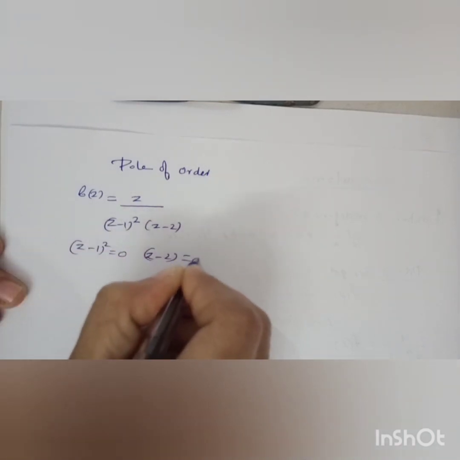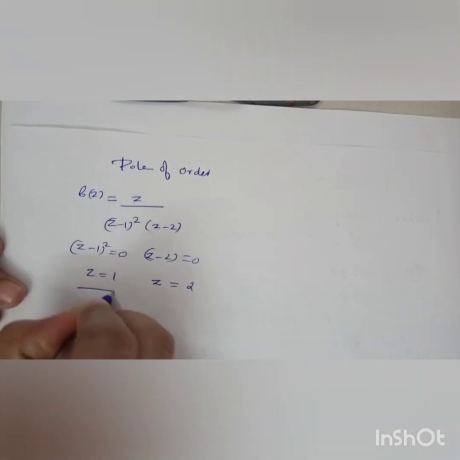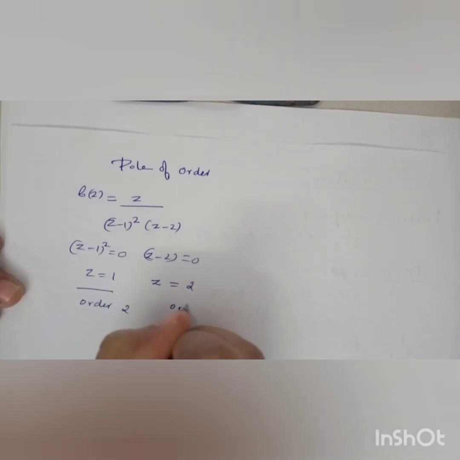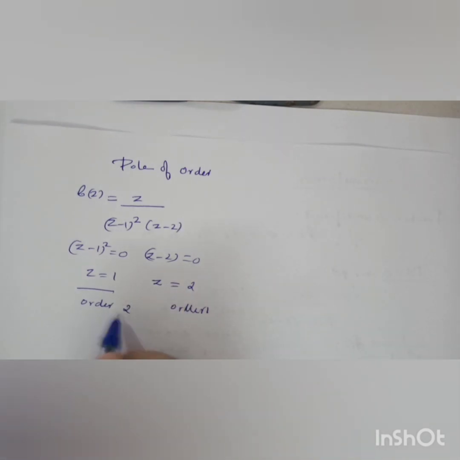So you get z equal to 1 and z equal to 2. So z equal to 1 is a pole of order 2, and z equal to 2 is a pole of order 1.